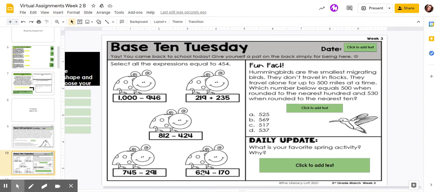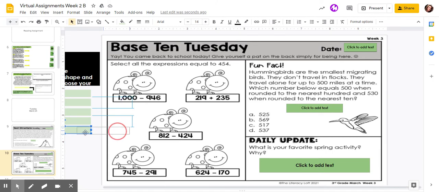So out of these 5 equations, which ones have an answer of 454? And then you're going to drag and drop these green little rectangles to the correct ones, to the ones that equal 454. You have a word problem that you're going to read. You're going to round to the nearest 10.